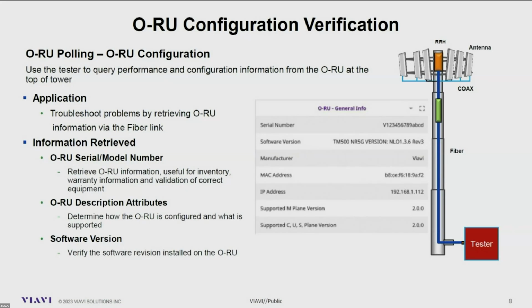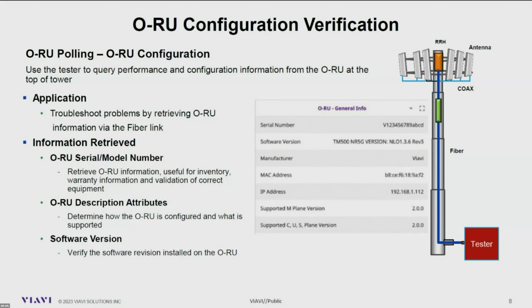The second way we can use the M-plane is another YANG model, there are different ones, but this is the inventory or radio type information. Here we can read the serial number of the radio, software version, manufacturer. In this case, we had an emulator from Viavi, but this could be a radio from Samsung, Mavenir, others. MAC address, IP address, everything, right? We can retrieve it from the bottom of the tower.